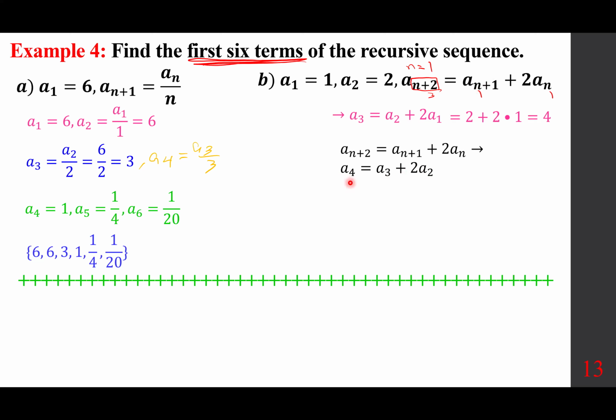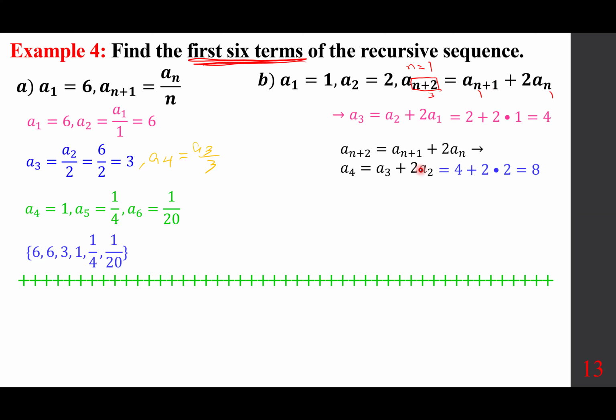So that basically means if you want any term, pick the previous one, plus 2 times the one before that. So I want a sub 4, pick a sub 3, which we found to be 4, plus 2 times 2. They add up to 8.